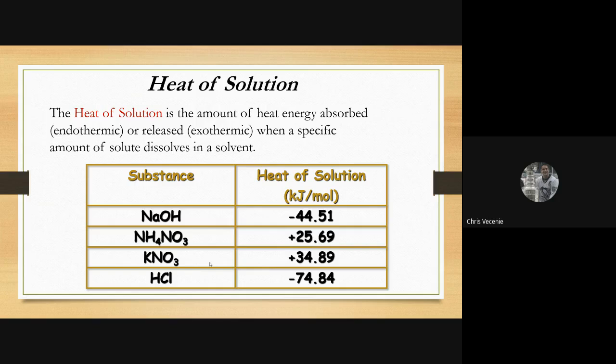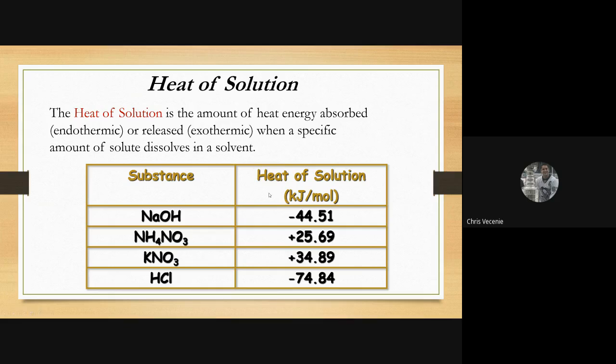So negative means exothermic and positive means endothermic. If I dissolve NH4NO3 in water, it's going to feel cold to the touch because it's endothermic. It's taking heat in from my hand. But the NaOH, or hydrochloric acid, if I put them in water, would release heat overall, which would feel warm to the touch because I'd have heat entering my hand for the exothermic.